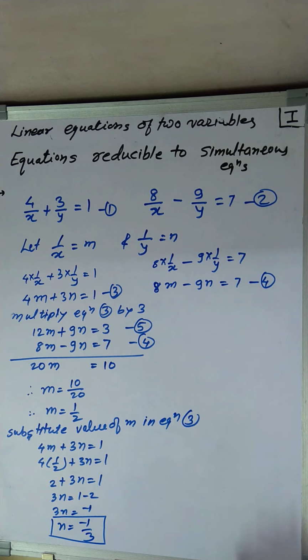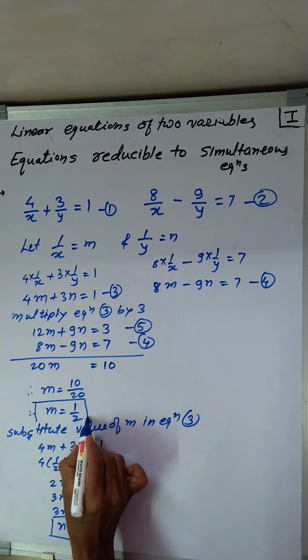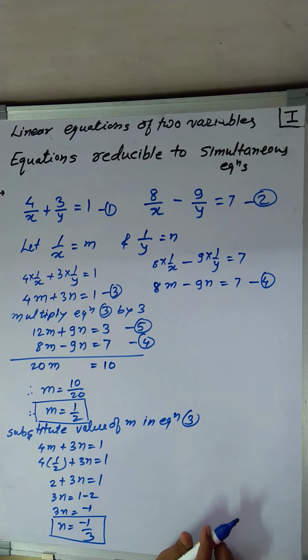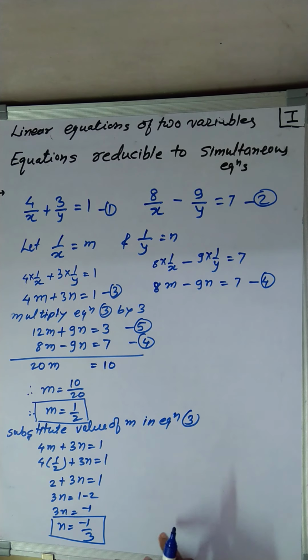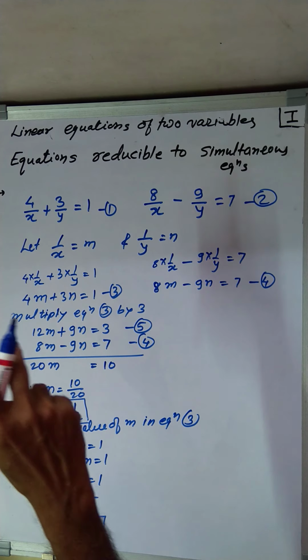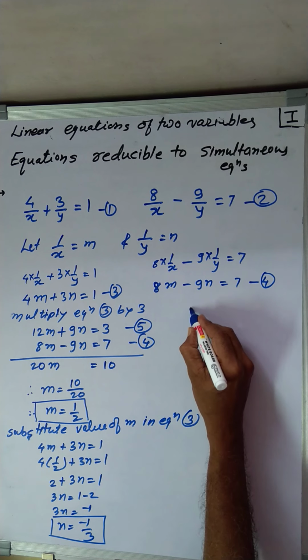We get the value of n is equal to minus 1 upon 3 and the value of m is equal to 1 upon 2. Now, but the variables are x and y. We get the values of m and n. Now we will substitute these values and we get the values of x and y.